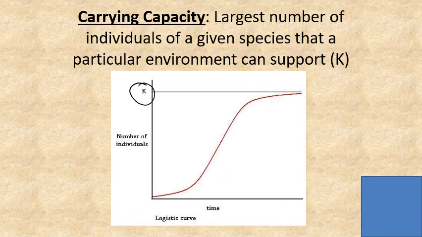That steady state is called K, carrying capacity. It's the largest number of individuals that an environment can support, and it can support them indefinitely, forever, essentially.